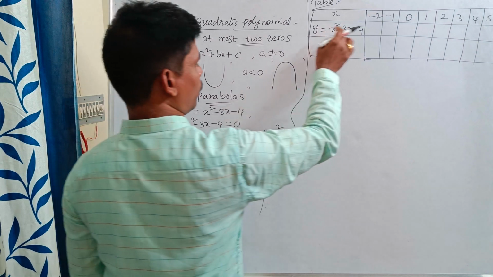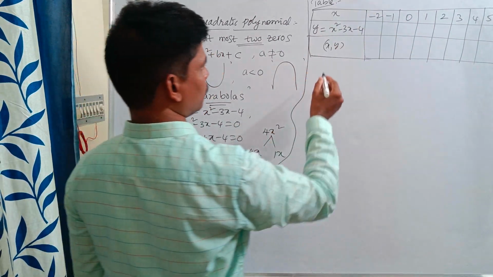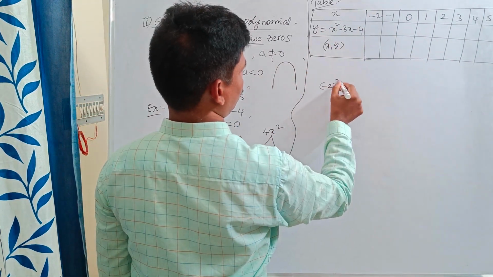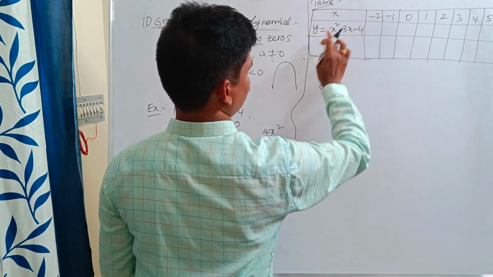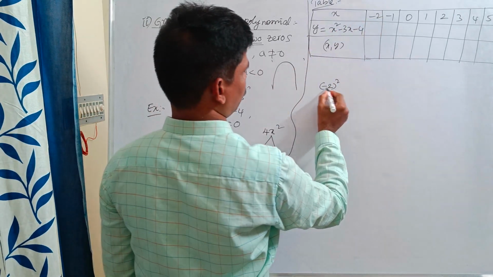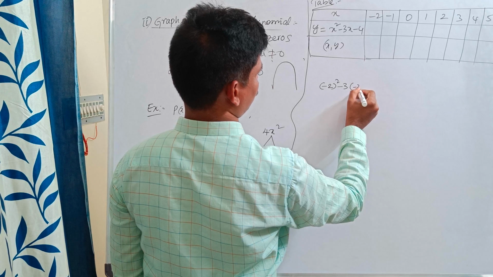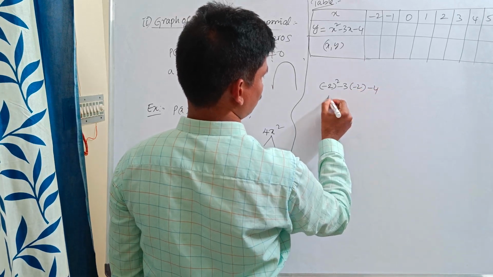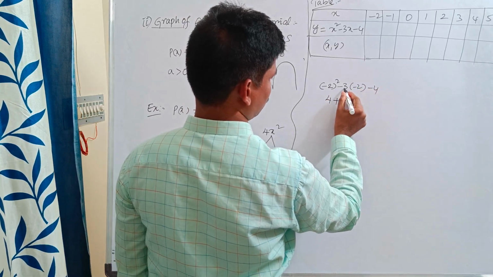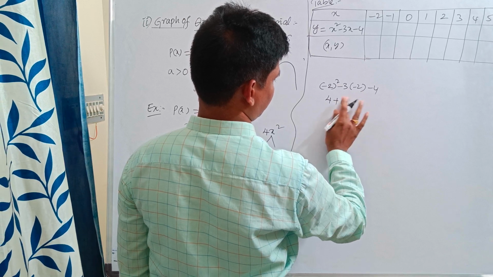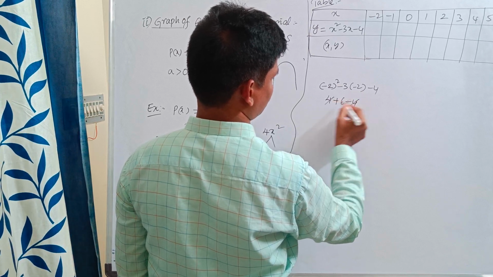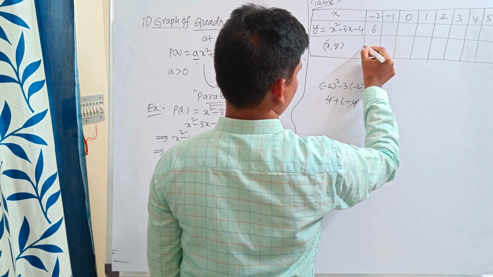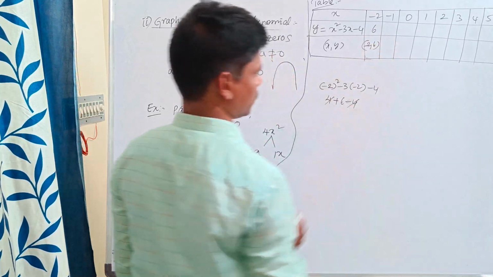In place of x, I substitute minus 2 to get the y value. So minus 2 whole square minus 3 into minus 2 minus 4. This is 4 plus 6 minus 4, the 4 and minus 4 cancel, we get 6. So this is the point minus 2 comma 6.